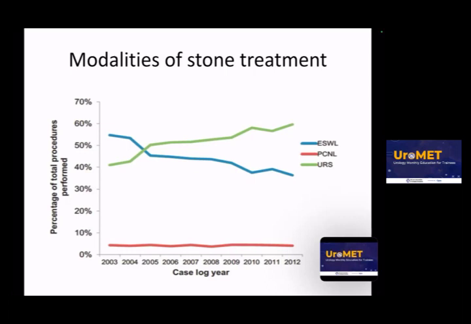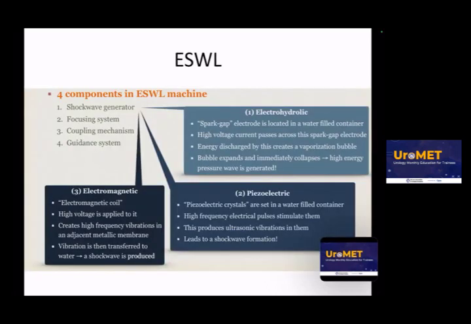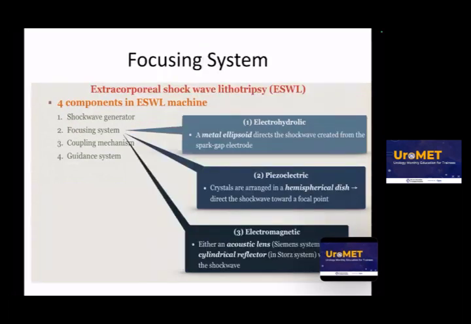So the ESWL machine consists of 4 parts: the shockwave generator, focusing system, coupling mechanism, and guidance system. Depending on the shockwave generator, there are 3 modalities, and our newer generation is the electromagnetic one. The focusing system can again be electrohydraulic, piezoelectric or electromagnetic.